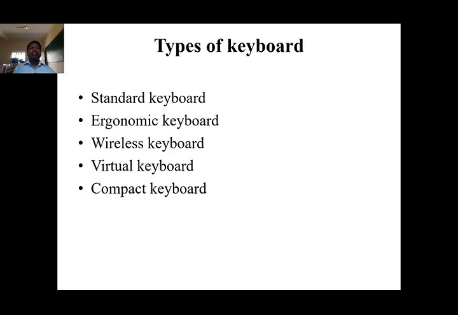What is a standard keyboard? It has the basic layout. The number of keys ranges from 95 to 108. The keys are arranged in the first line as Q, W, E, R, T, Y like that. Ergonomic keyboard: the keyboard is designed in such a way that the users will not get any injury and pain.